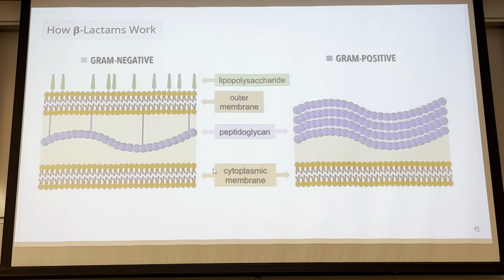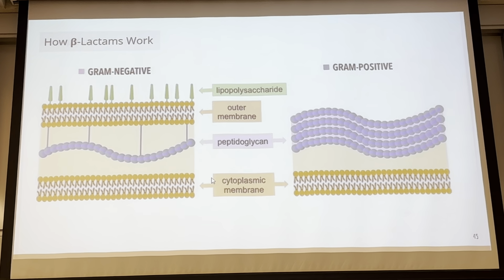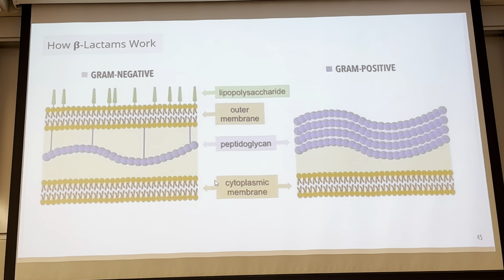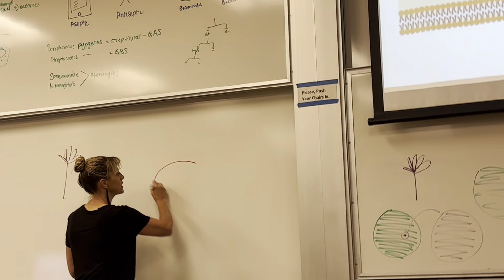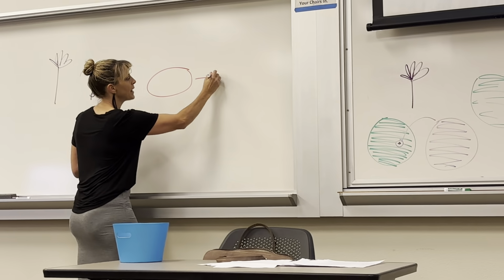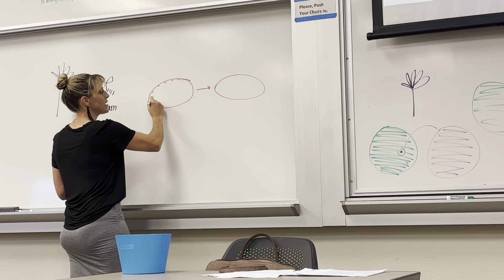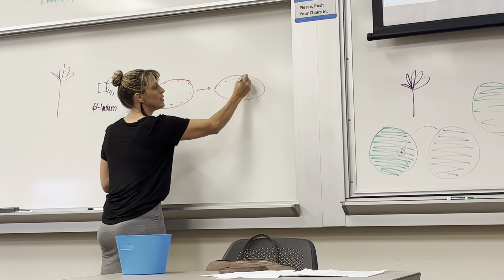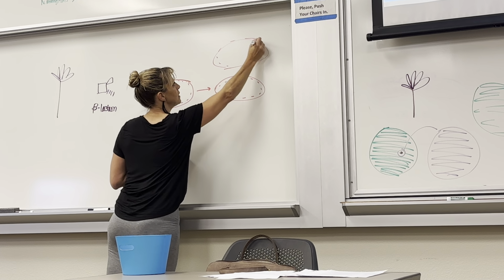Putting beta-lactam aside really quick, we have a bacteria, and as this bacteria goes through binary fission, it's going to need new peptidoglycan on its outer layer, right? Because it's going through binary fission, now there's two.